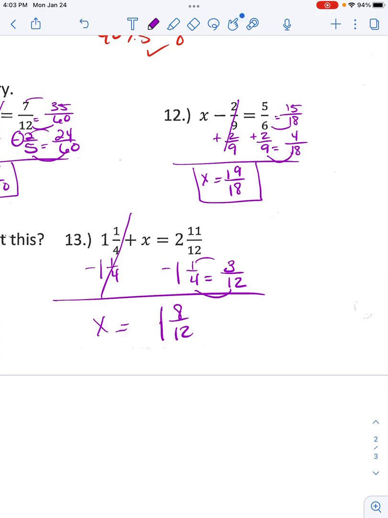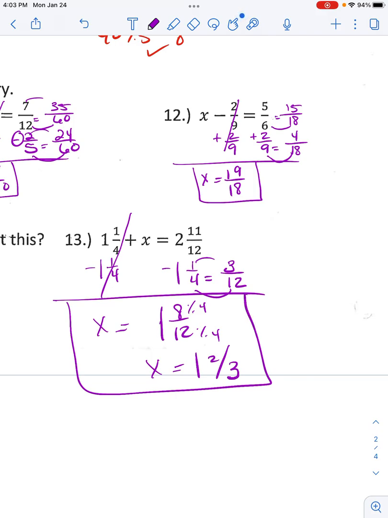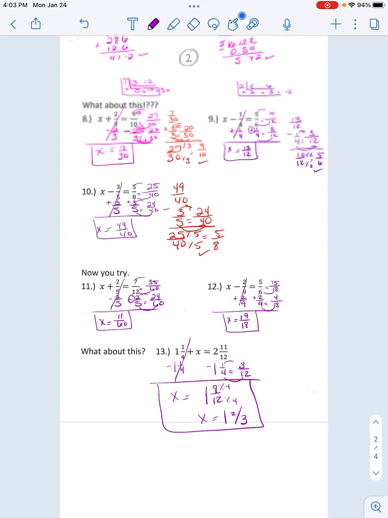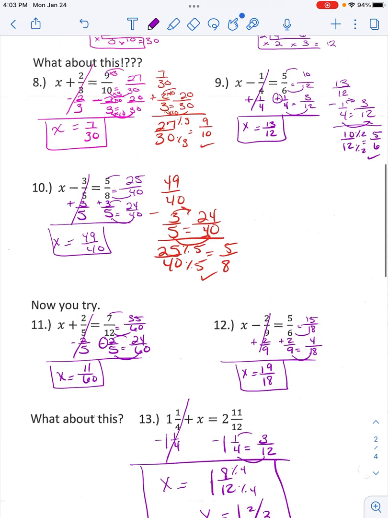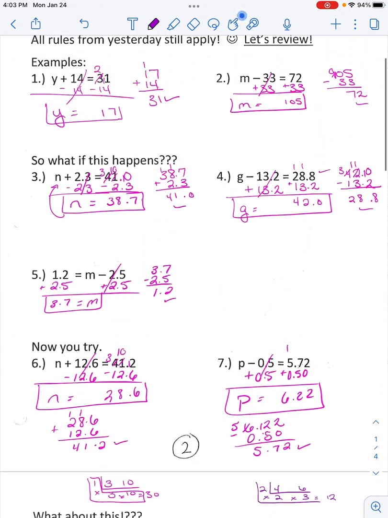So we have 1 and 8/12, or if you simplify, we could use a 4, it would be larger. We would have 1 and 2/3. Either of those I would accept. Okay. That is how you solve one-step equations with fractions and decimals.